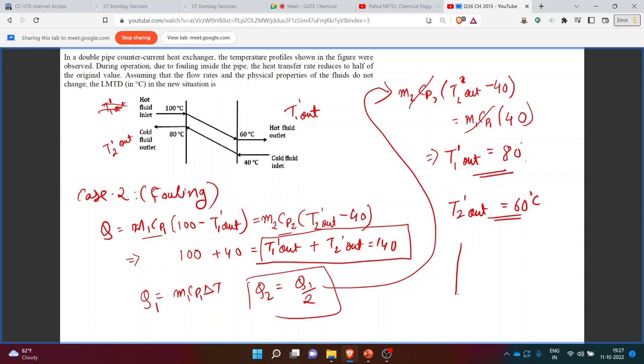So if I have to draw this temperature profile for this new set, I can draw it as the inlet will remain at 100 degrees Celsius and the outlet temperature for this hot fluid is 80 degrees Celsius from over here. Similarly, the cold fluid inlet will remain same at 40 and outlet temperature is 60 degrees Celsius.